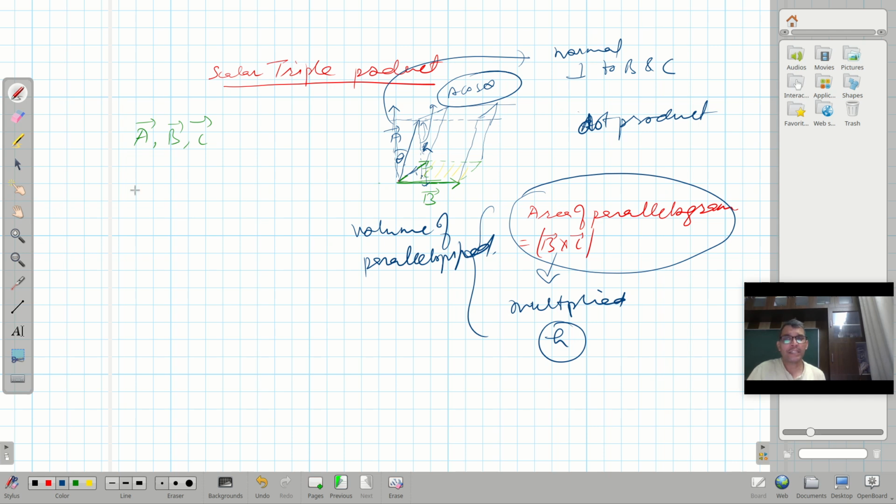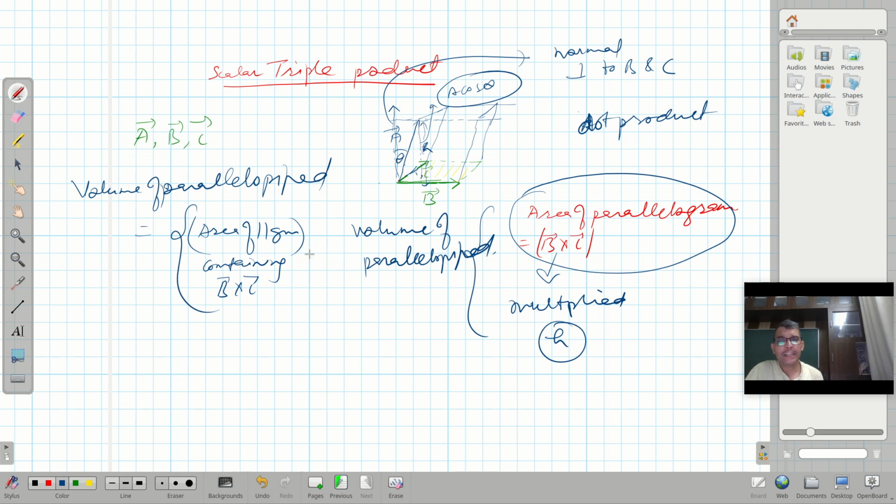So in other words, the volume of the parallelepiped is equal to the area of the parallelogram containing B and C, multiplied by the corresponding height between two parallel faces.